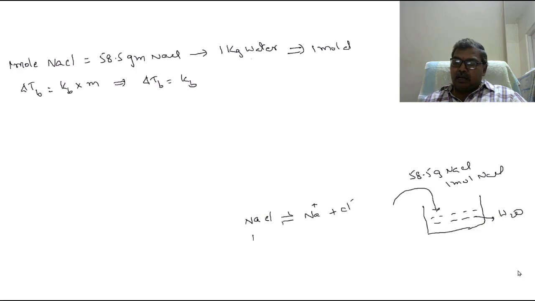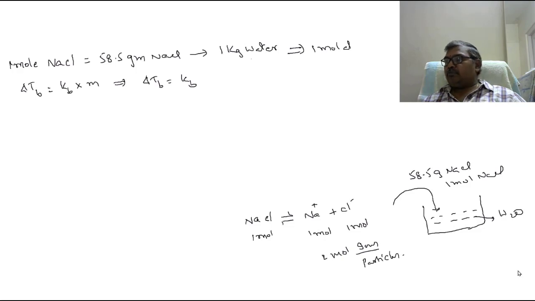So you dissolved 1 mole NaCl, but after complete dissociation, the total number of particles present in the solution is 1 mole Na plus and 1 mole Cl minus, total 2 moles of ions. Clear? And most important, colligative properties depend only on the number of moles of particles in the solution.